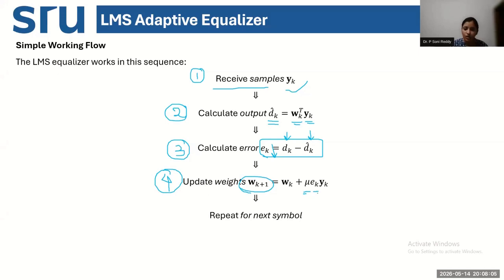So how are we doing this? If the error is small, you use a small step size. If the error is large, you use a large value of mu, or step size. Based on this, convergence will be slow or fast, and we can reduce the amount of error. Until then, we have to keep repeating the same process for all other symbols in the transmission.